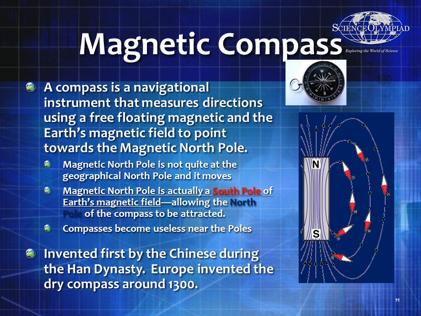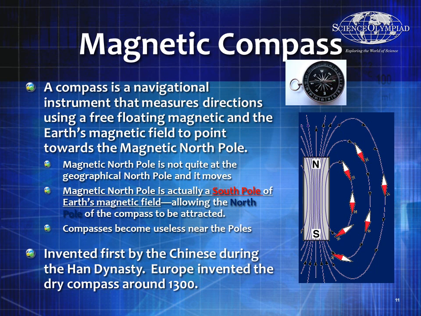Now the other thing is that Earth's magnetic North Pole is actually a South Pole when we talk about the magnetic field. Because remember, the part of the compass that points towards it, that we call north and define as the north side, is actually attracted to the magnetic South Pole.